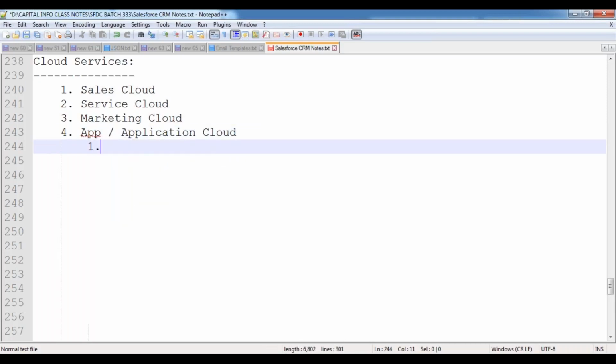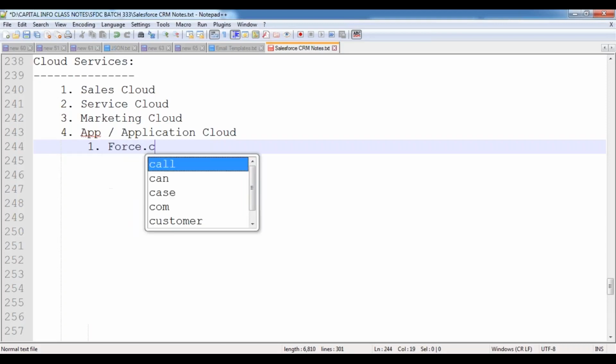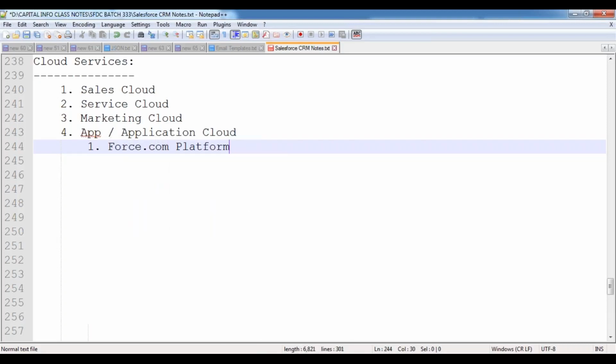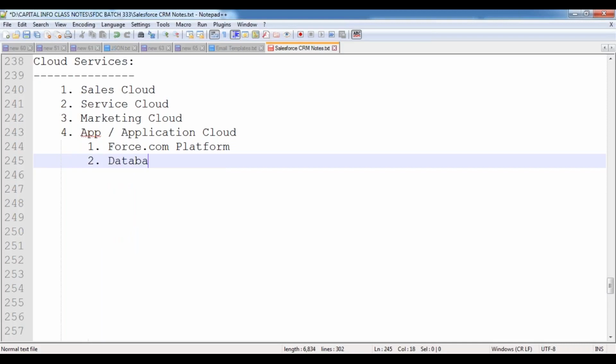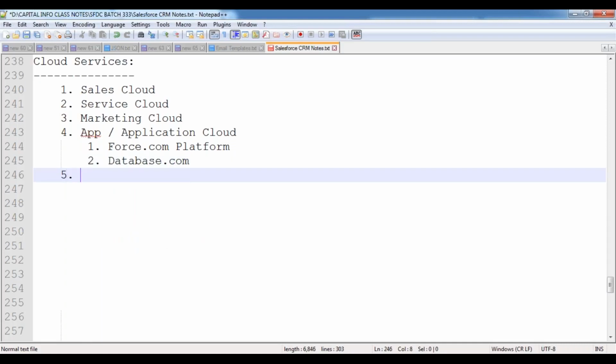As part of Application Cloud, we have the Force.com platform and Database.com. Next, the fifth one, we have Data.com or Jigsaw.